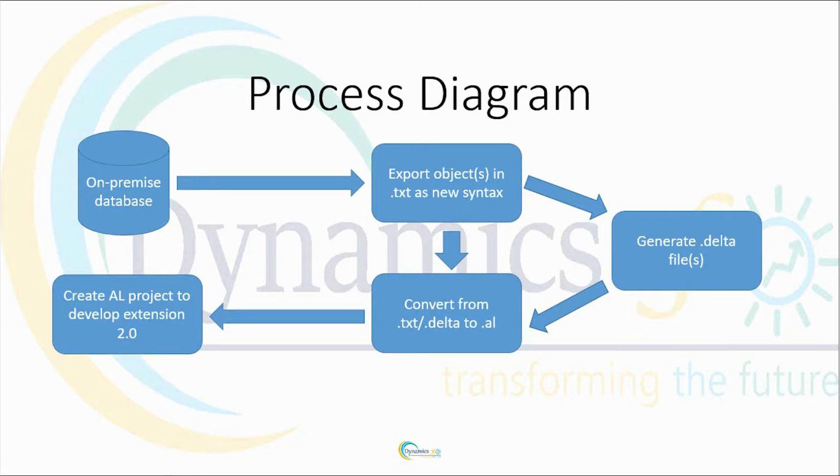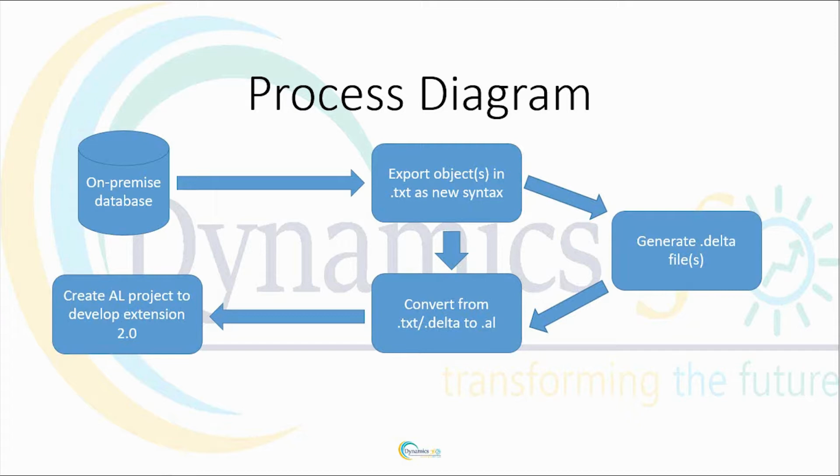We can also use .delta files for conversion to .al files. In this demo we will not be covering the .delta file part, because for the generation of .delta files, you need to compare your objects with your standard objects.